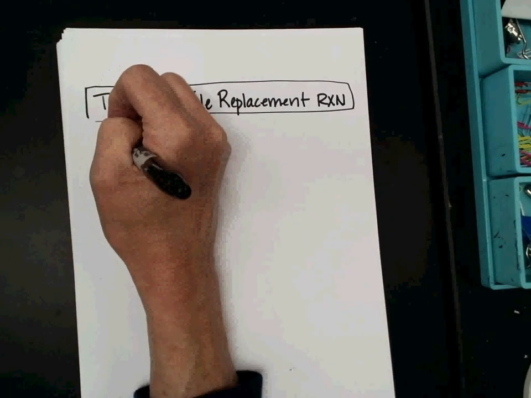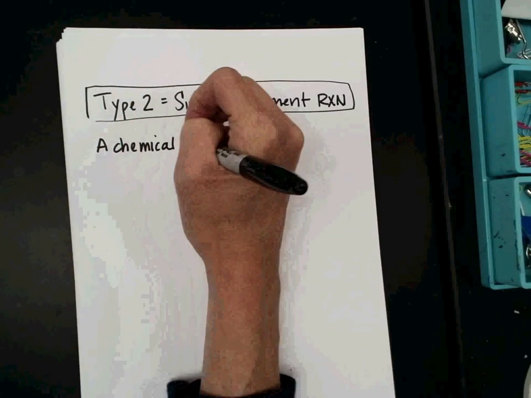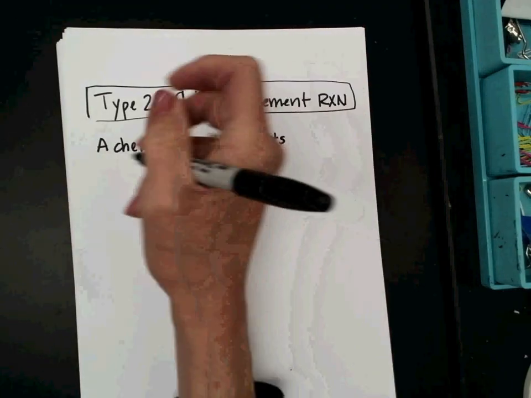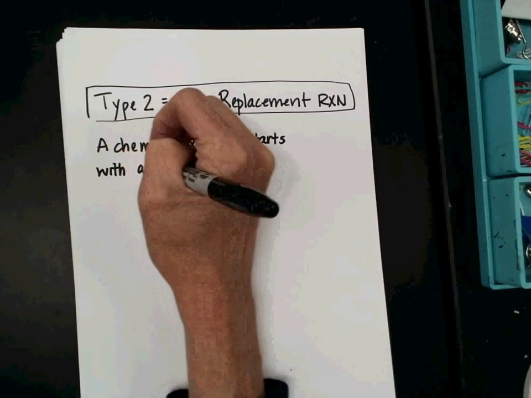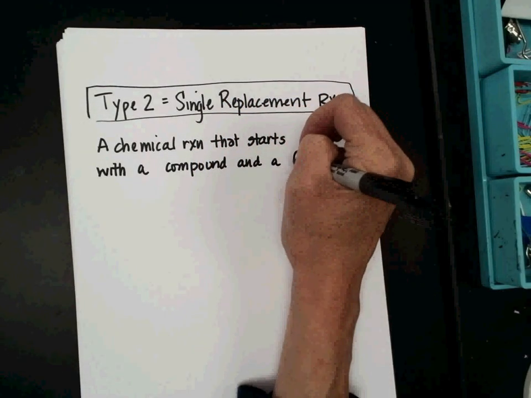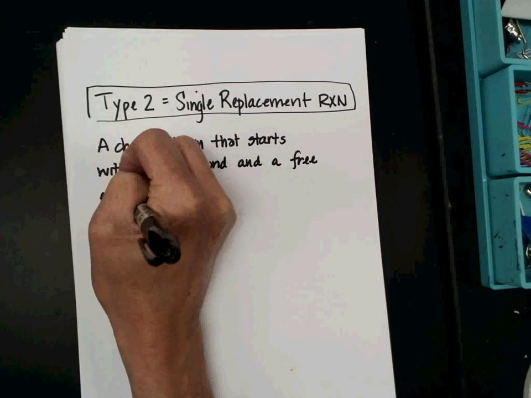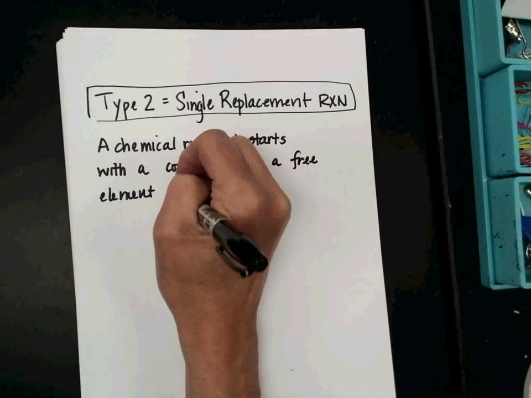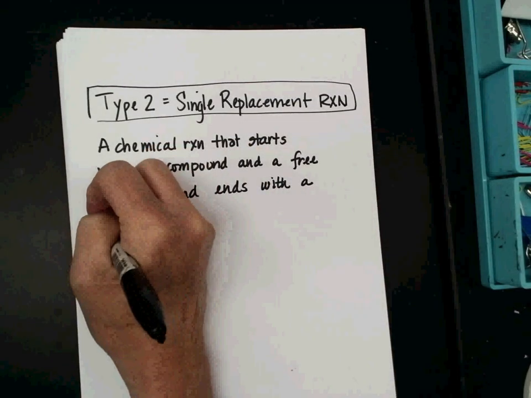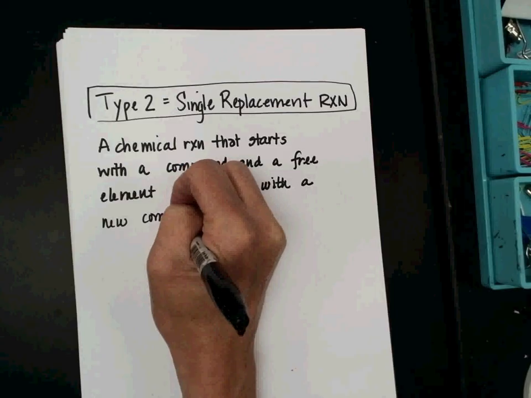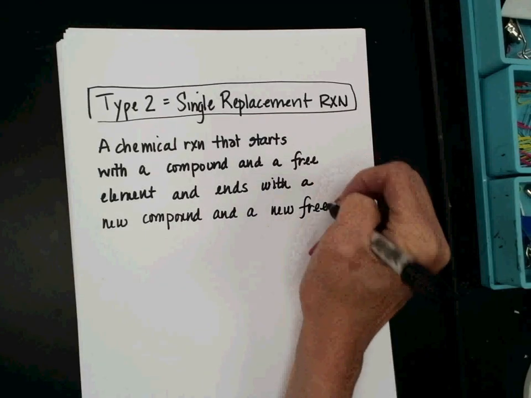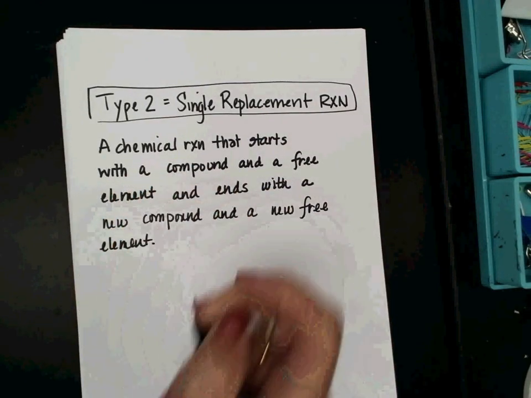Okay, if I have a single replacement reaction, I have a chemical reaction that starts with a compound and a free element and ends with a new compound and a new free element.